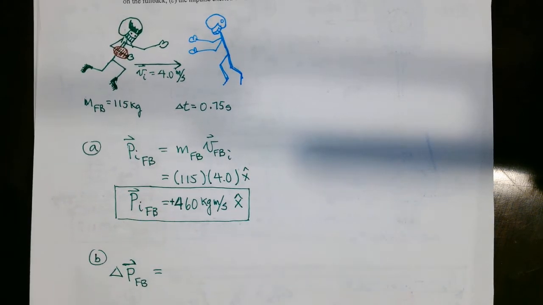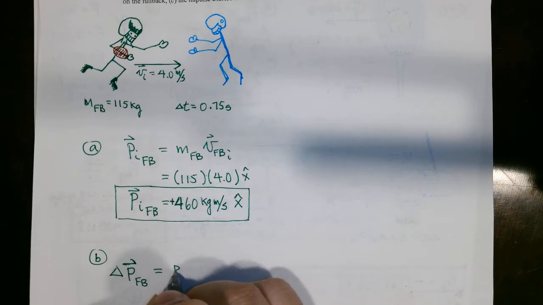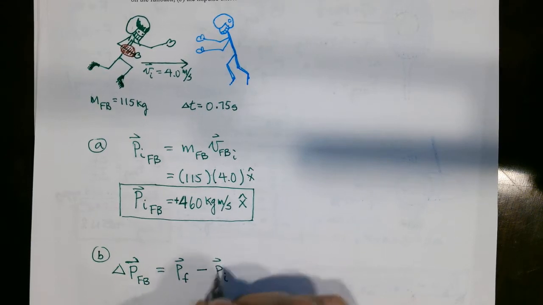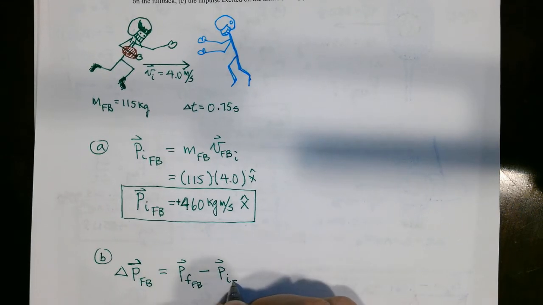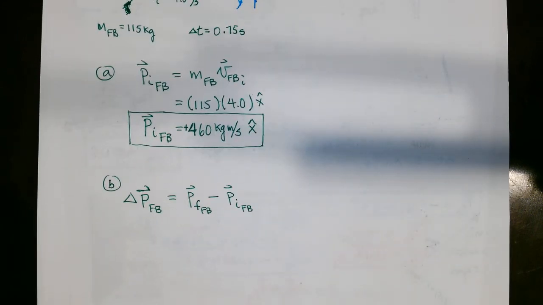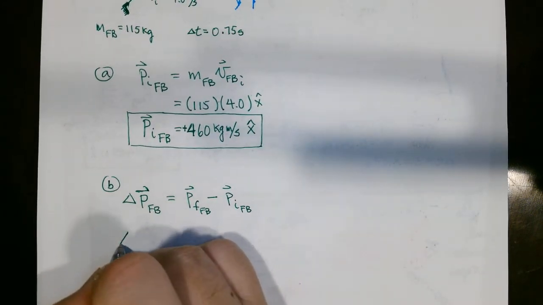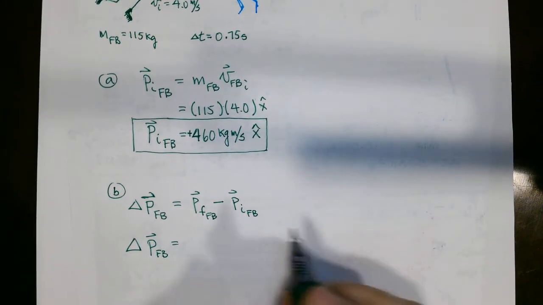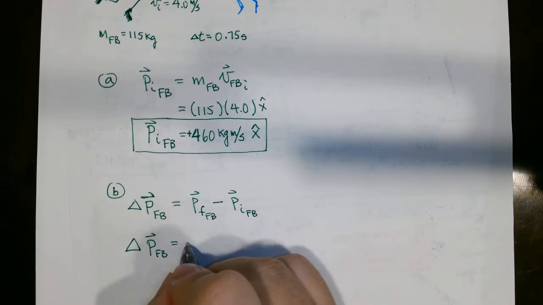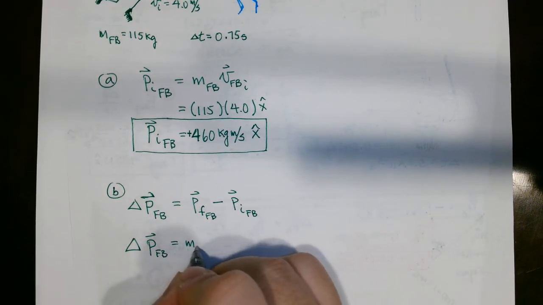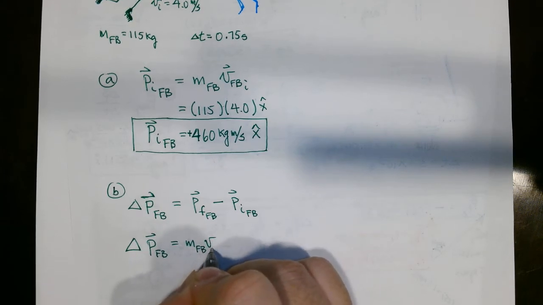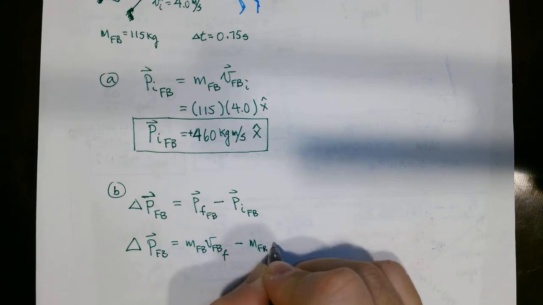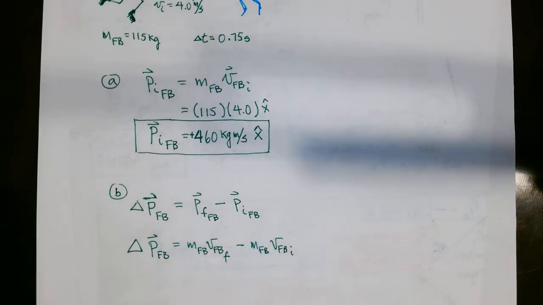And since change in momentum is the momentum final minus the momentum initial of the fullback, the impulse is equal to m fullback times v fullback final minus m fullback times v fullback initial.